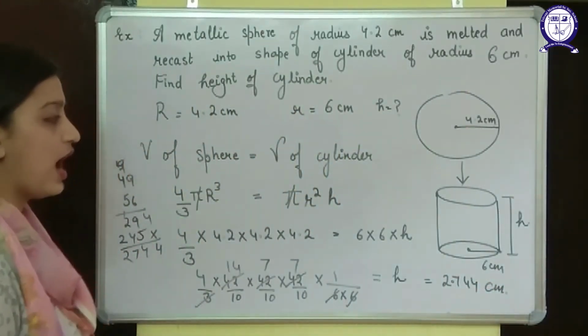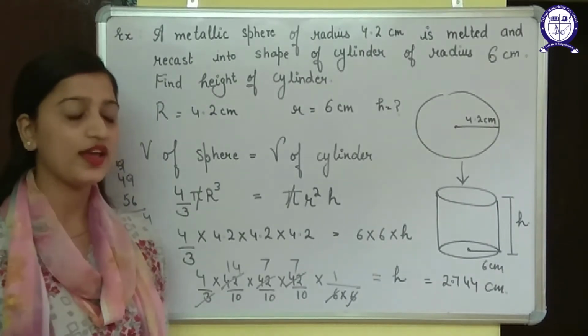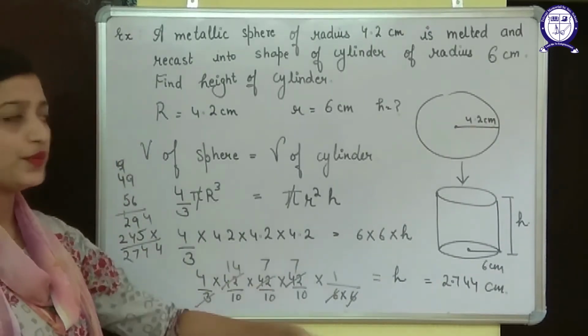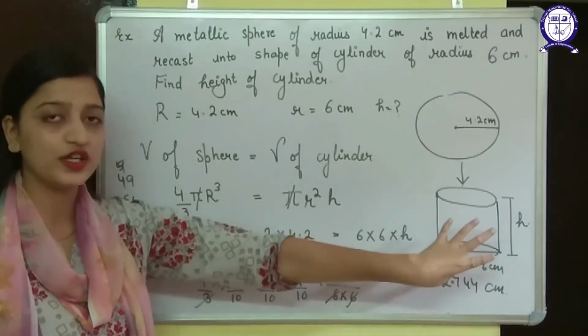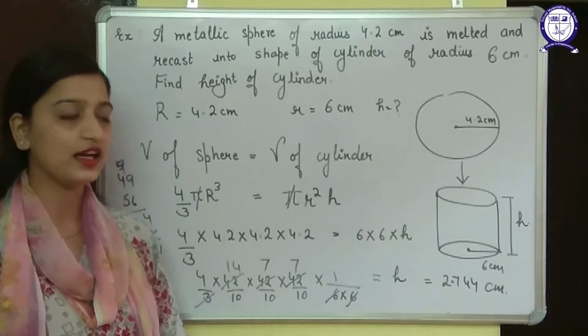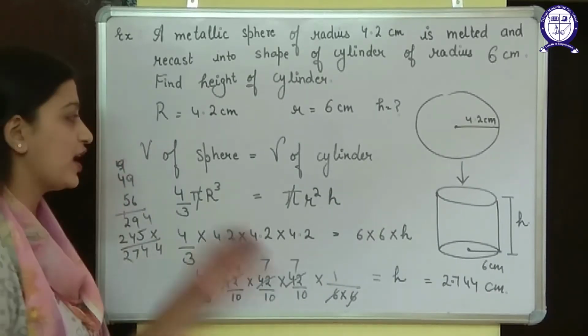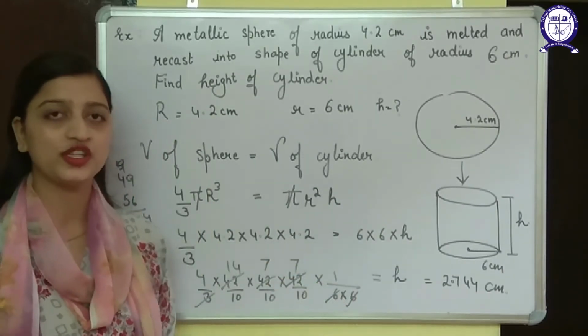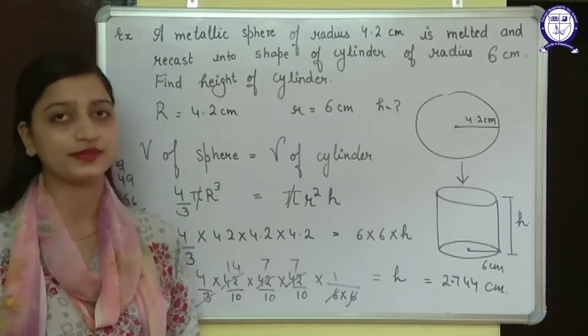This will be the height of the cylinder. Okay, this was the question of conversion in which a sphere was converted into this cylinder, and the cylinder's height I need to find. So I just put their volume equal to each other and found the value of height.